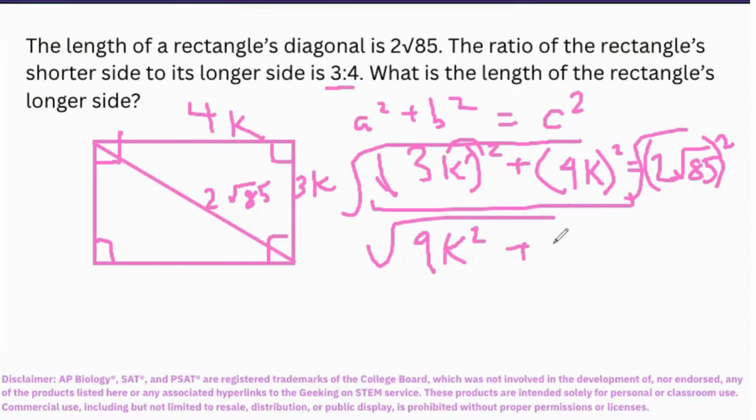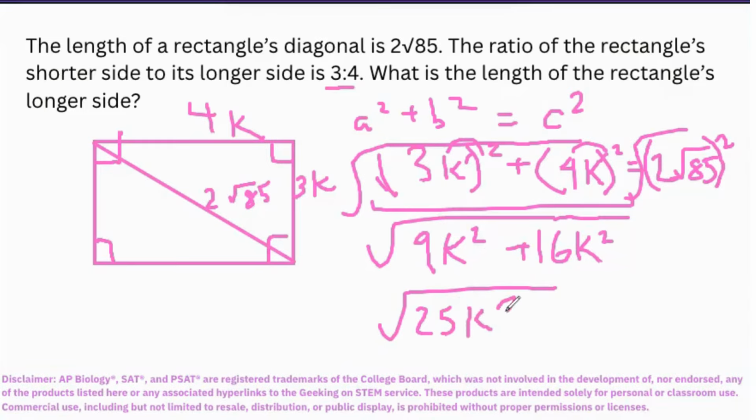plus, taking the same 2 and distributing it. So 4 squared is going to be 16k squared. I can simplify this further and say that this is square root of 25k squared, because 9 plus 16 is 25 and they're both the same variable.